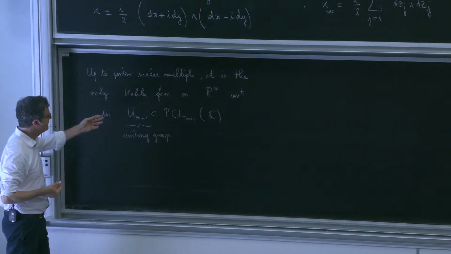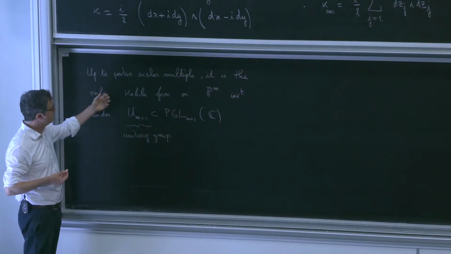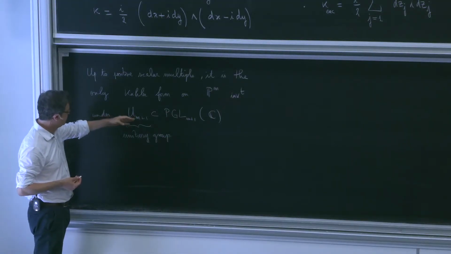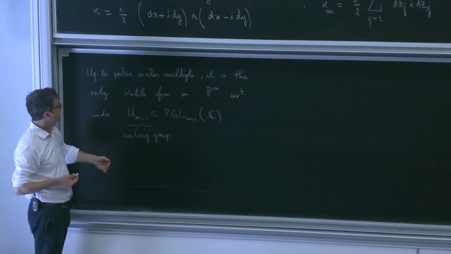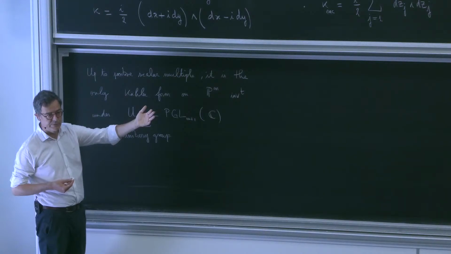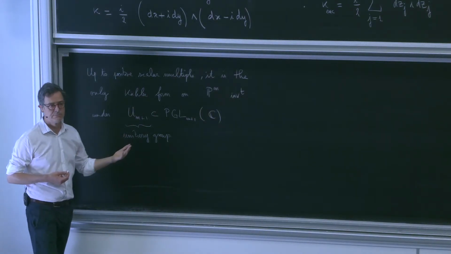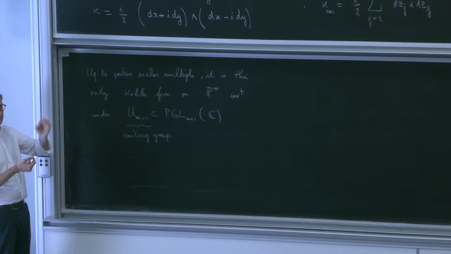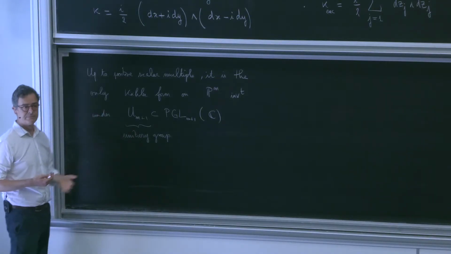It's even better than that. If you look for a (1,1) form on P^m which is non-zero and invariant under the unitary group, then it is the Fubini-Study metric up to some scalar factor. And if you choose the scalar factor to be positive, you get a Kähler form, and that's it.